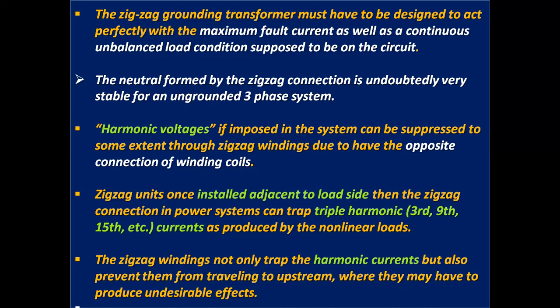Zigzag units, once installed adjacent to the load side, the zigzag connection in power systems can trap triple harmonic currents, that is third, ninth, 15th, etc., produced by nonlinear loads.